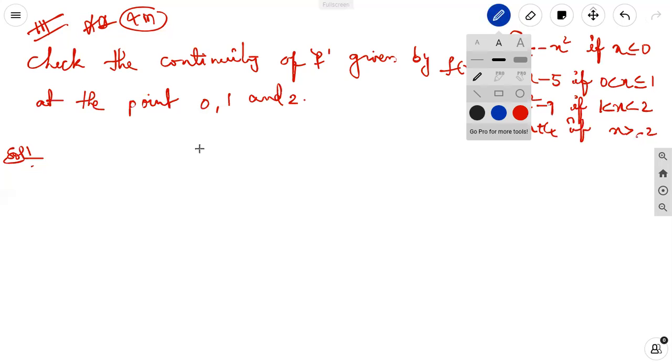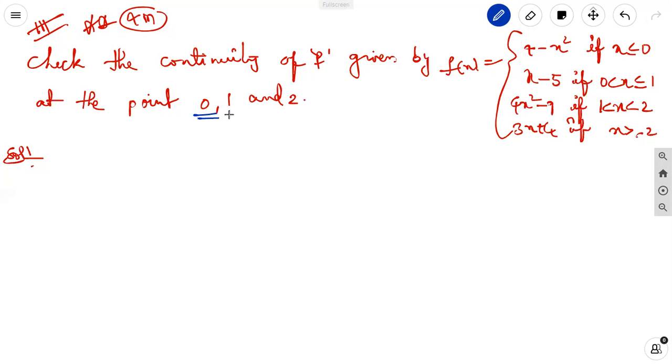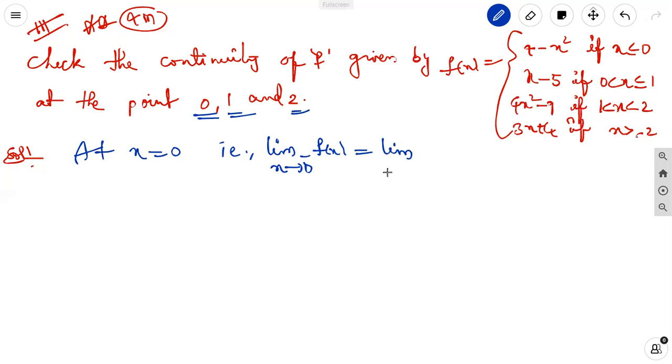It is important. See here, check the continuity of f at 0, 1 and 2. First, we take x equal to 0. That is nothing but we check the relation limit x tends to 0 minus f of x is equal to limit x tends to 0 plus f of x.